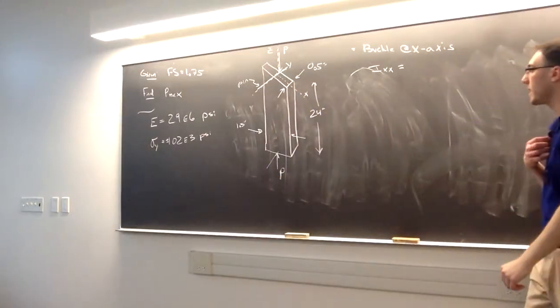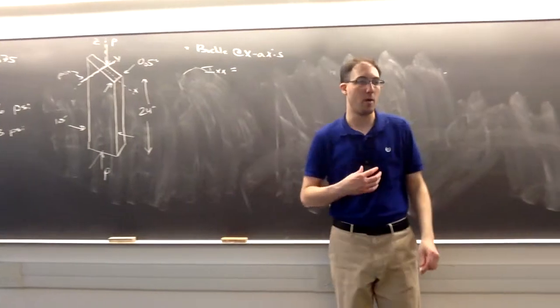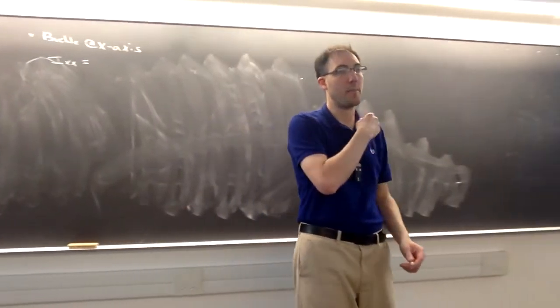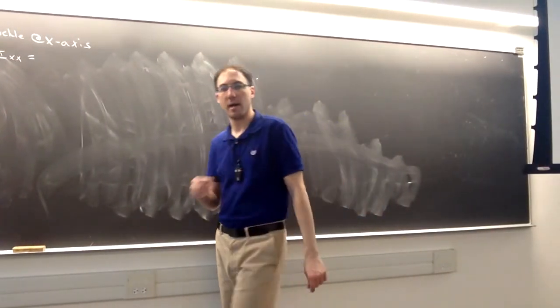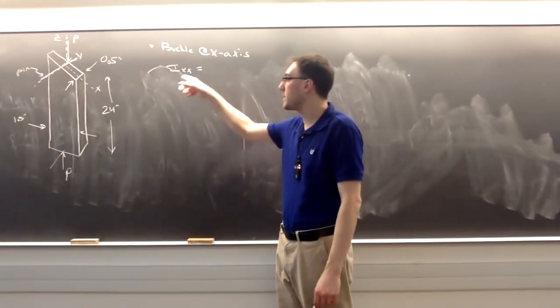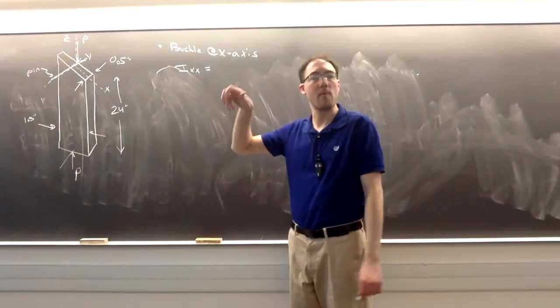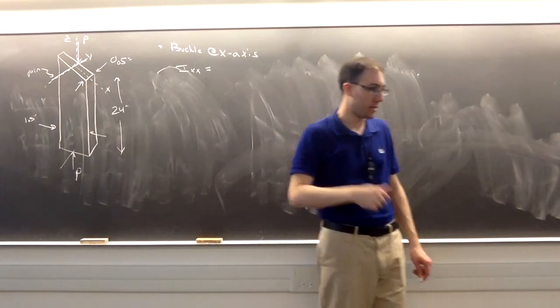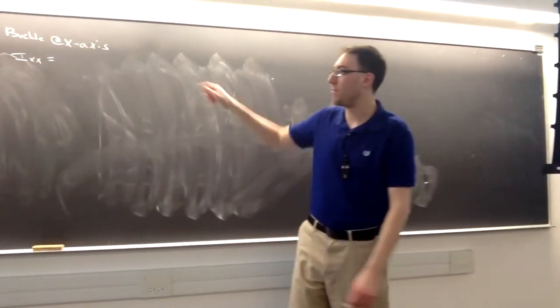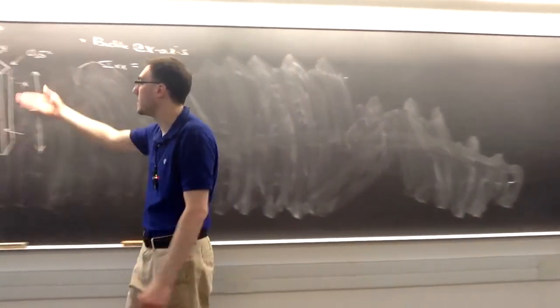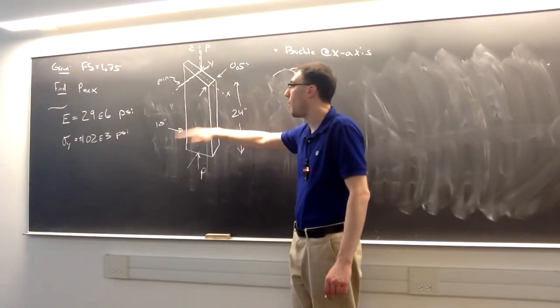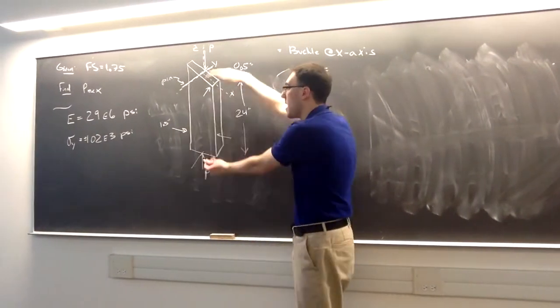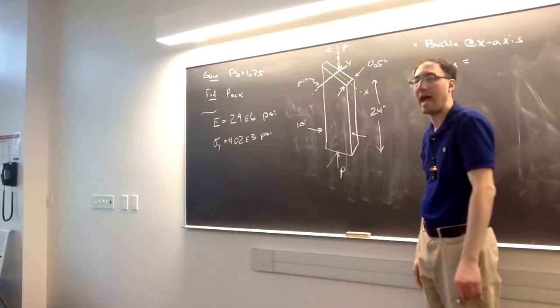Okay, so the first thing is when I go to use the Euler formula, pi squared EI over KL squared, I need specifically the I around the axis that I'm testing the buckling. Again, for it to buckle around x, really what it's doing is it is bending with respect to that x-axis as we start to crush it down.